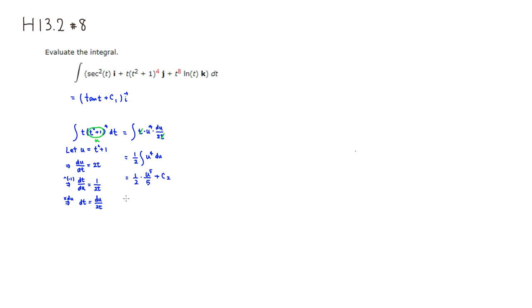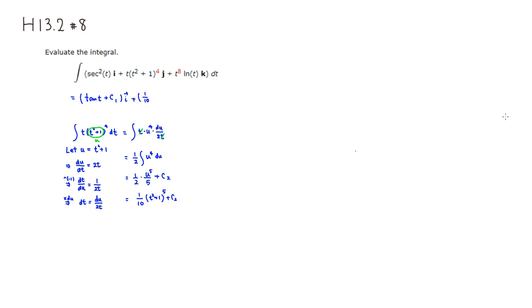So this is going to be 1 over 10. Then u is originally t squared plus 1, so raise it to the fifth power, and then you have a C2. So we found the second component, which is 1 over 10.